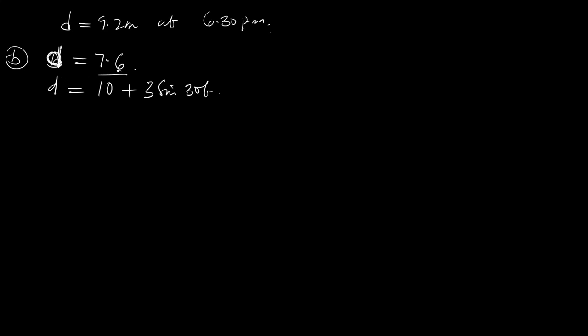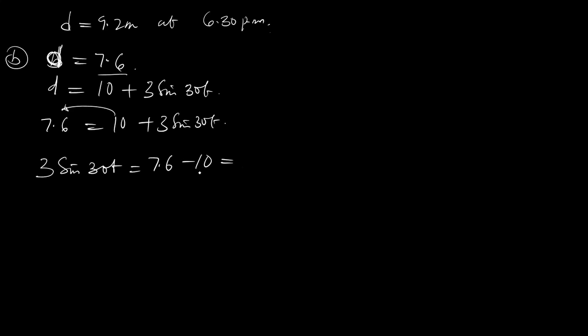Substituting, 7.6 is equal to 10 plus 3 sine 30t. Moving the 10 to the other side, 3 sine 30t equals 7.6 minus 10, which gives minus 2.4.